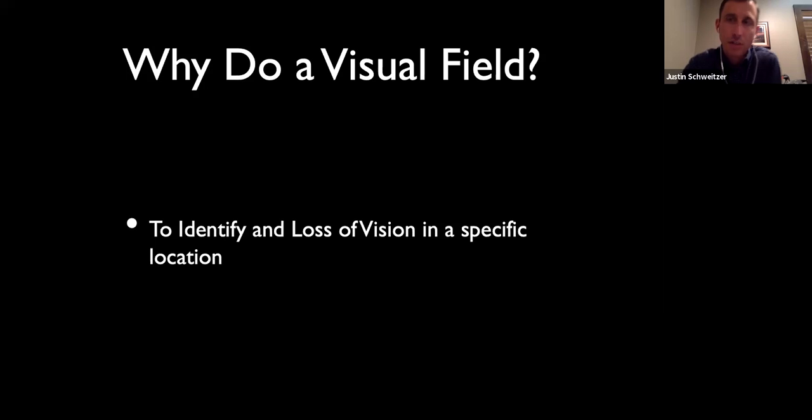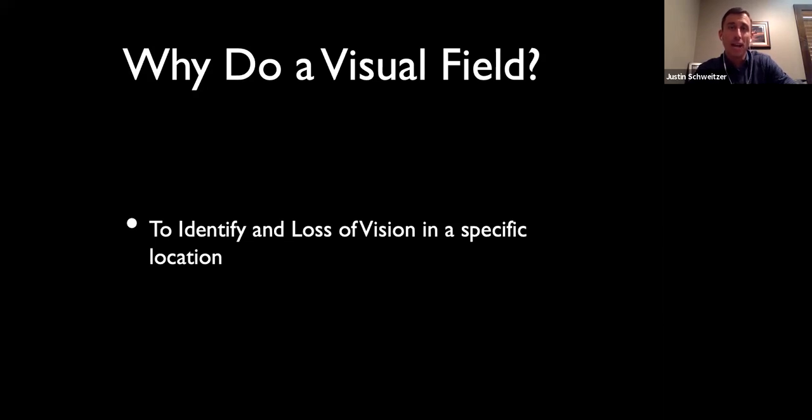So what is a visual field for? Well, we think of it as a way to identify vision loss. What we're going to talk about mostly here is glaucoma, but it also can be used for situations where we're looking for something neurological, pituitary adenomas, a lesion in the brain, and we run different visual fields for different situations. For glaucoma, it's traditionally going to be a 24-2 visual field.